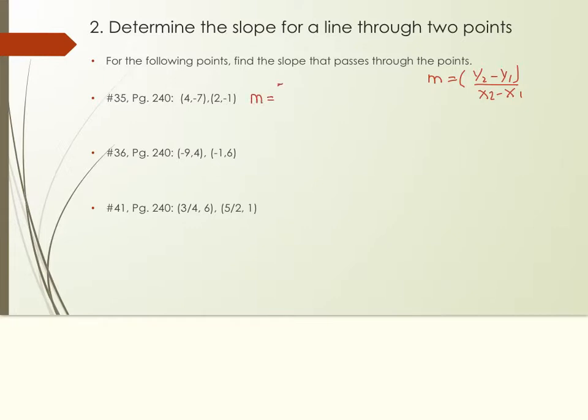So we get minus 7 minus minus 1 divided by 4 minus 2. And here I end up with minus 6 on top, and I get a 2 on the bottom, and my slope is negative 3. So there's my answer for the first one.